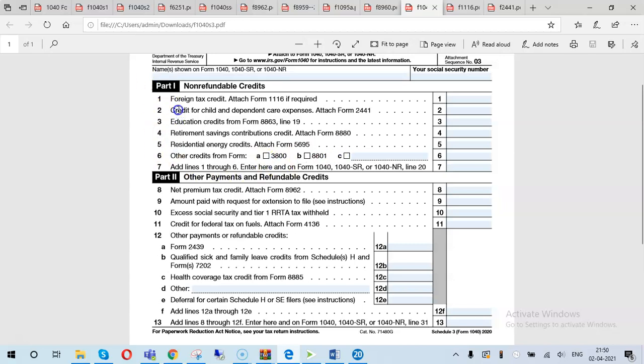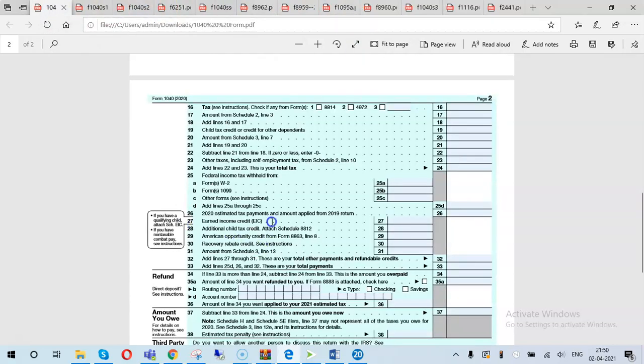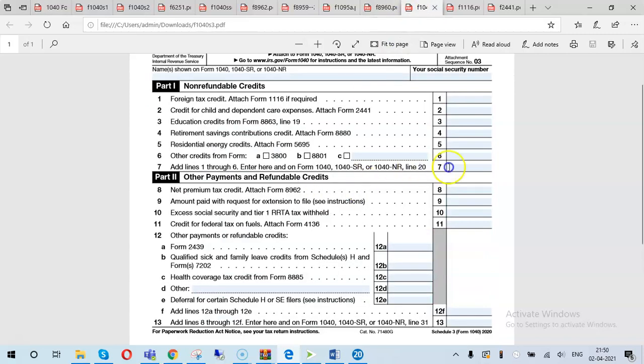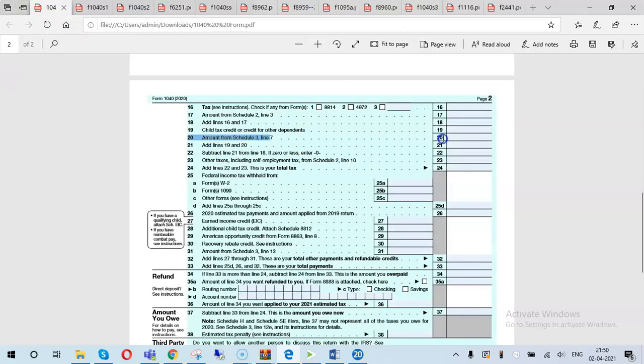The total amount from line number 1 to line number 6 comes to line number 7. The same amount should flow to Form 1040, line number 20. You can see that amount from Schedule 3, line 7. So if the total comes to $2000, here it should also be $2000.